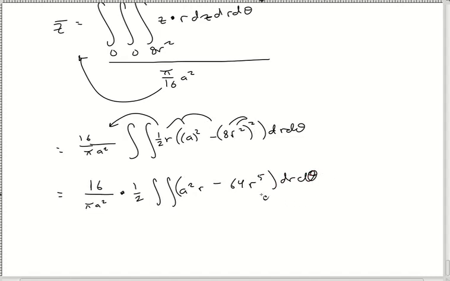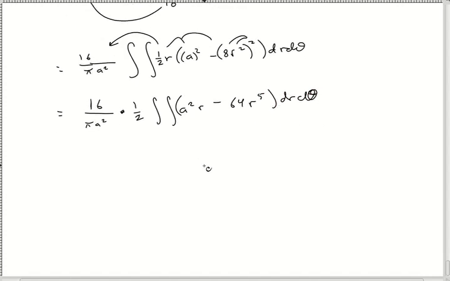D theta. Okay, hold on. My paper does not have an r sitting there. But then it does have it on the next part. So, even with my notes, I still mess it up a little bit. The 16 and 2, you can make an 8 out of that. Again, we're just trying to keep it clean on the front if we can. That'll be 0 to 2 pi.